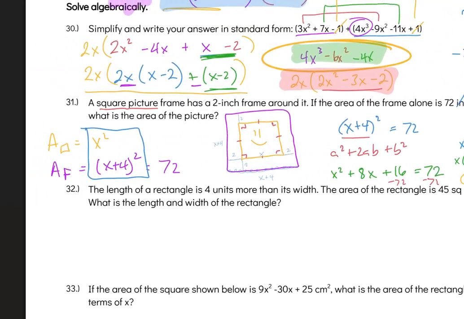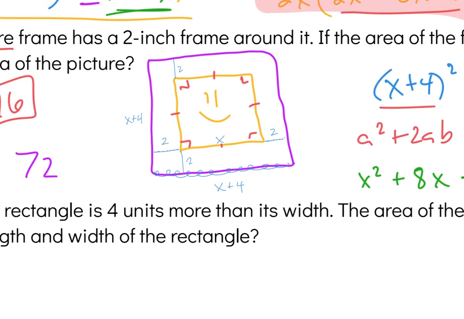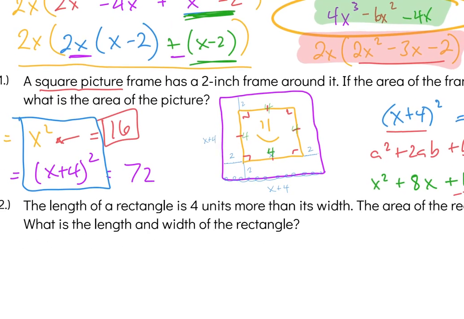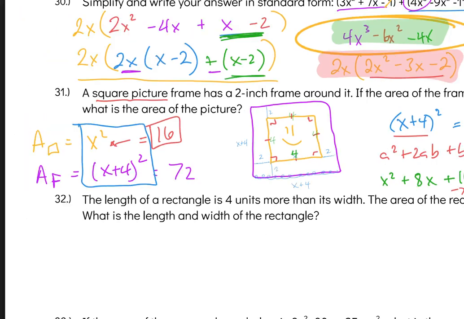So let's slide over here, and if we plug that in here, 4 squared equals 16. So if you had a picture frame that was 4 inches in every direction, it seems kind of wild that the area would just be 16 and that the big purple one would be 72.